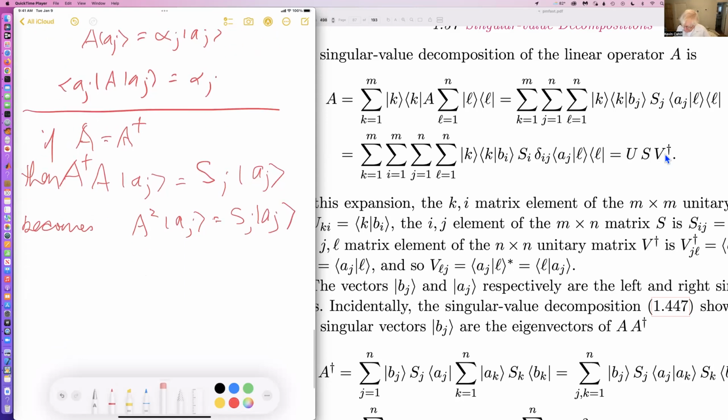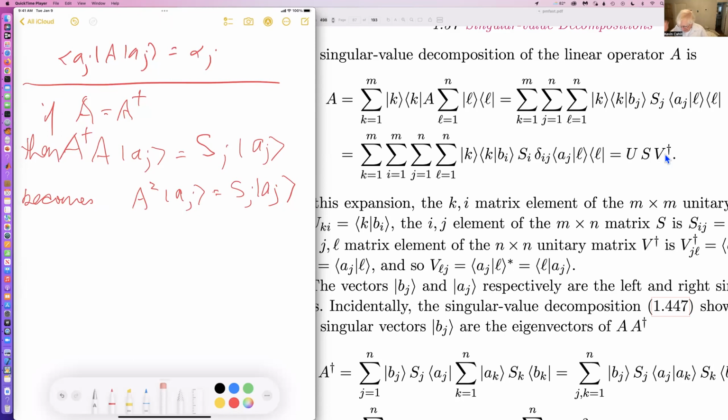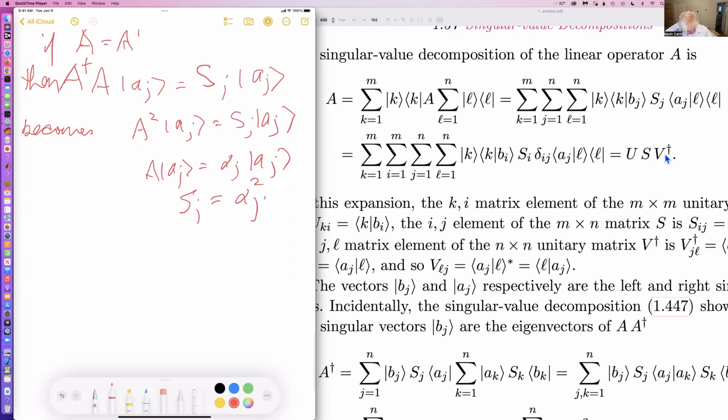And so then the S_j's are effectively the squares of the eigenvalues of the operator A. So in other words, A is Hermitian now, and so A does have alpha_j, A_j as eigenvectors, and S_j is equal to alpha_j squared. That's in the case when it's Hermitian.